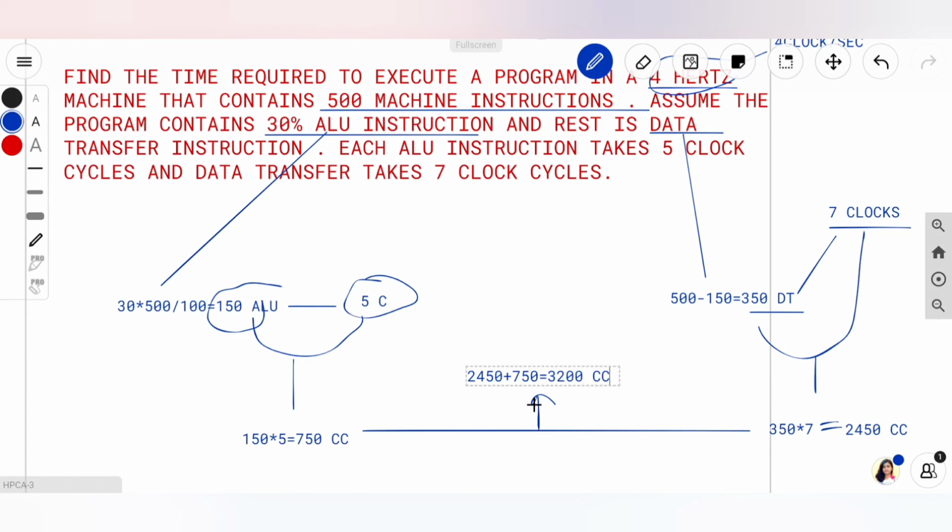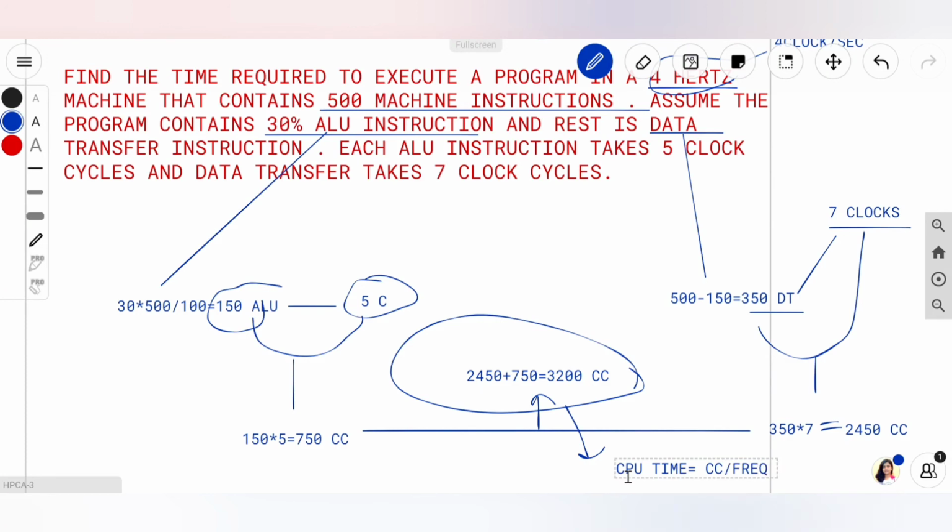Now we know the total number of clock cycles required, and we know the frequency. CPU time is equal to clock cycles divided by frequency, as frequency is the number of cycles completed in 1 second.